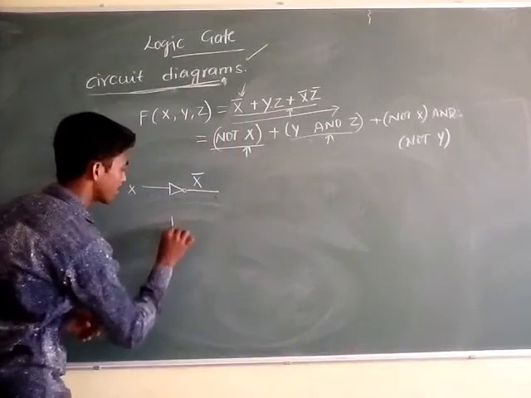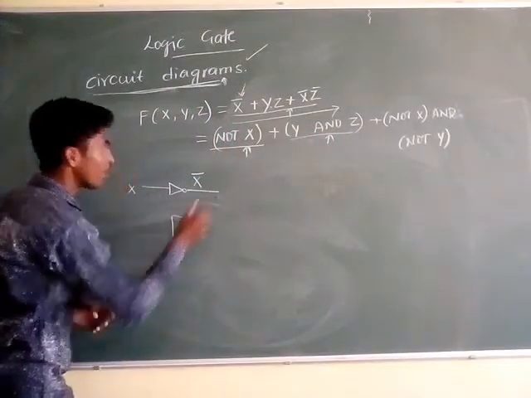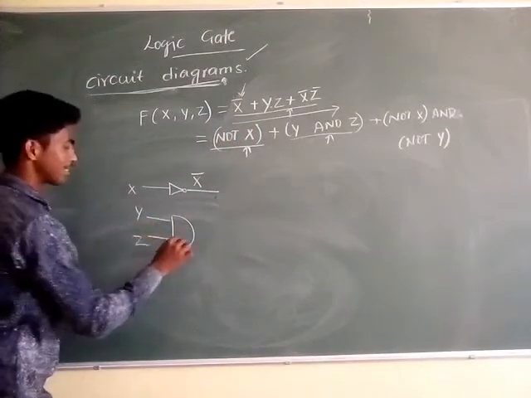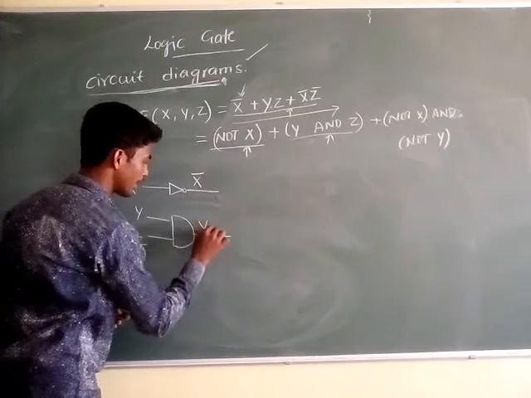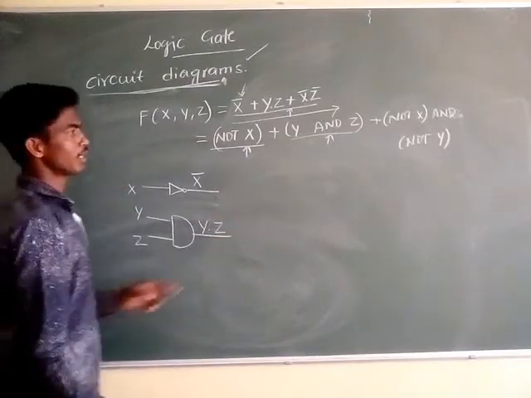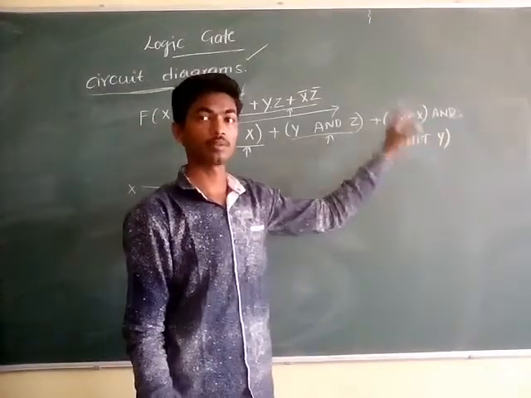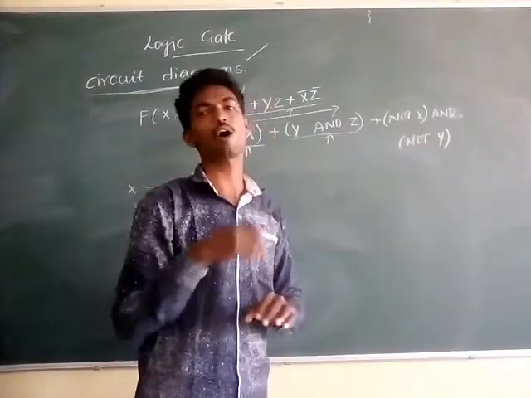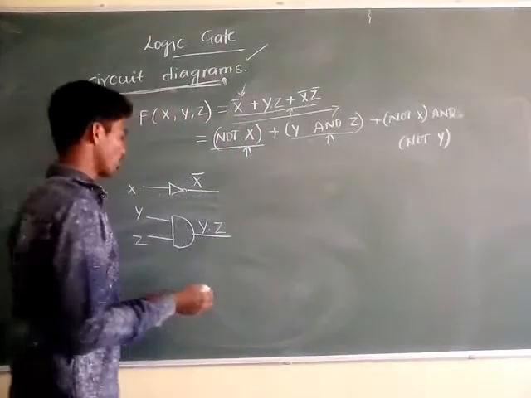Draw the AND gate which contains two inputs, simply Y and Z, which means Y into Z. Then go for the third one, which is an AND gate. Before the AND gate, both the inputs are to be complemented, inserted into the NOT gate.